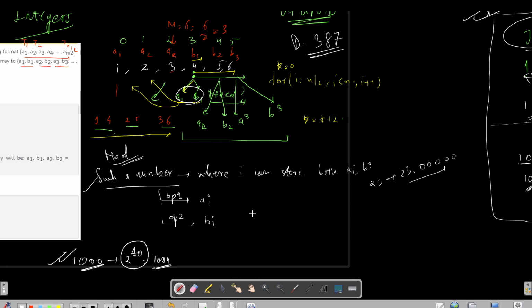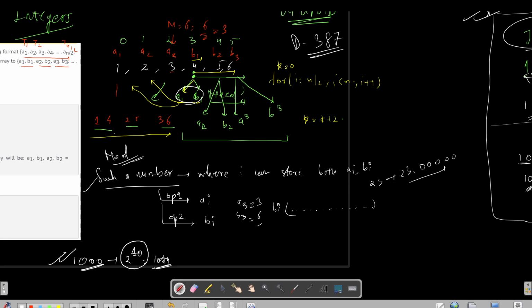Now I want such a number where if I do operation 1, operation 2, I can access AI and BI. So I'll do one such operation. Theoretically, you understand it this way. Let's say you have BI here. I'm talking about A3 and B3, where A3 is 3 and B3 is 6. Now in this same number I also want to store AI.